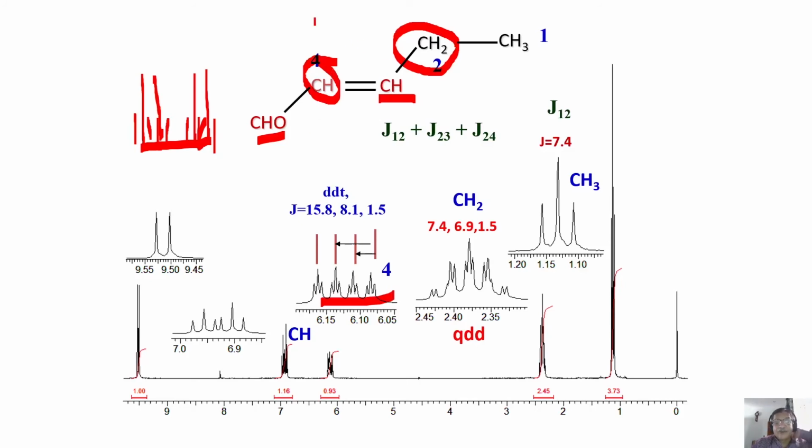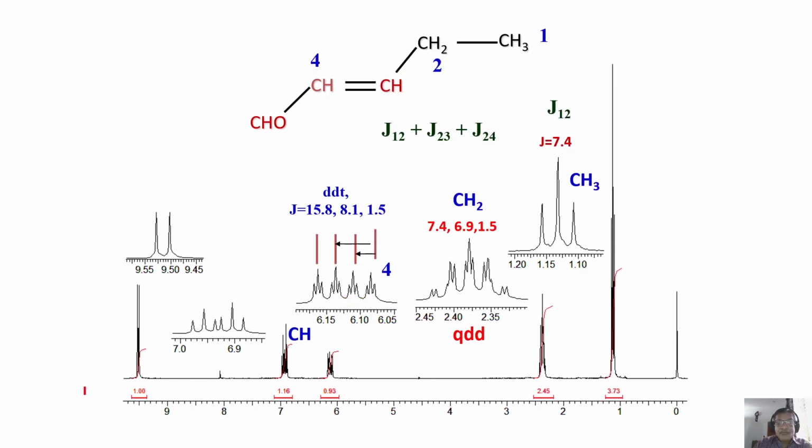So now it is clear for you. Each proton is experiencing multiple couplings. This experiences coupling with this and this. Because of these two couplings, the single proton gives a doublet of doublets, and each line of the doublet of doublets is going to be a triplet because of this, and this is the pattern you get for this proton. That is very clear for you to understand now, right? So we understood this, this, this, and this also.